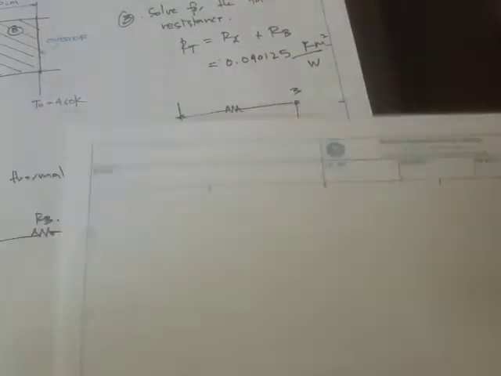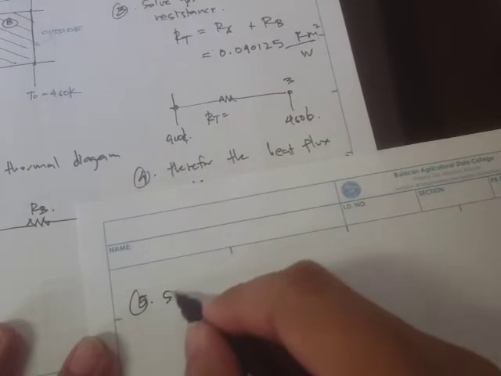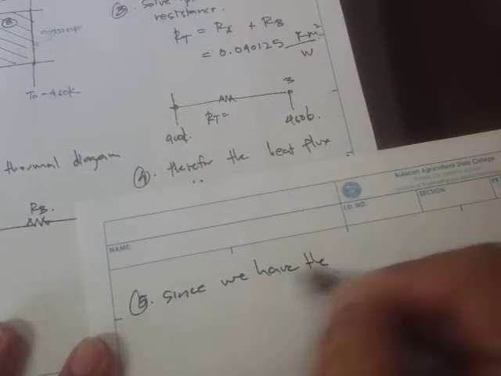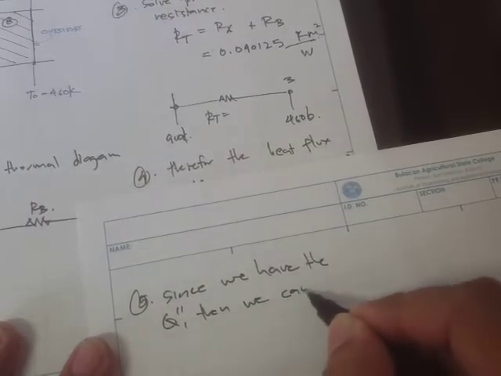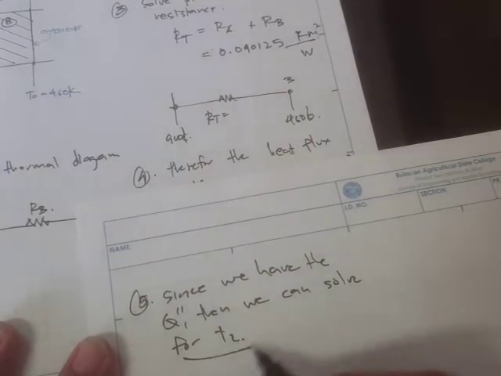Okay, so for the temperature at the interface, since we have the Q, we can solve for T sub 2.